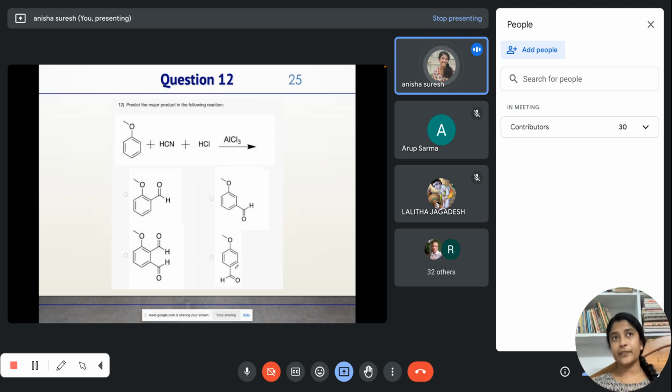So you will be familiar with the mechanism of Gattermann-Koch, right? Any guesses? What will be the major product?